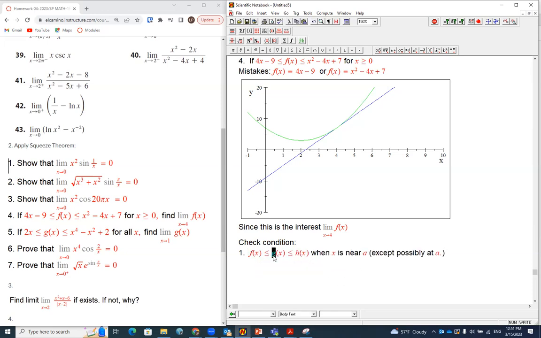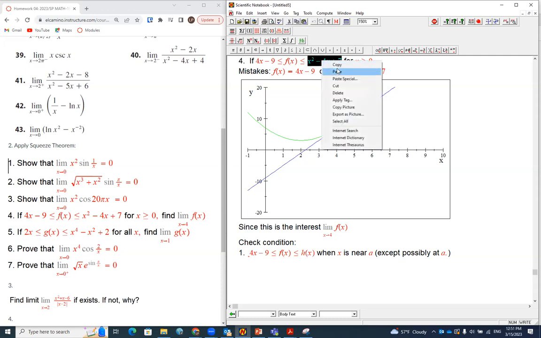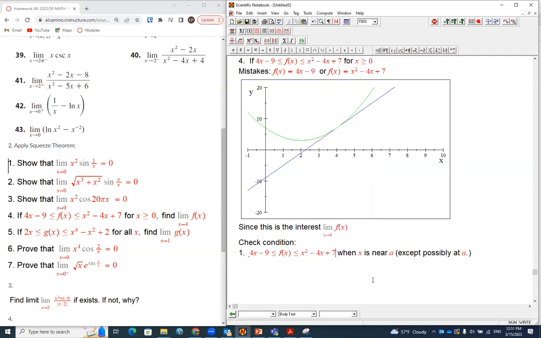Well, this is F, and this is the 4x minus 9, right? And H is what? H is x squared minus 4x minus 7. When x is near 4. So the first condition, except possibly F of 4, because we really don't know what F is. The first condition is satisfied.